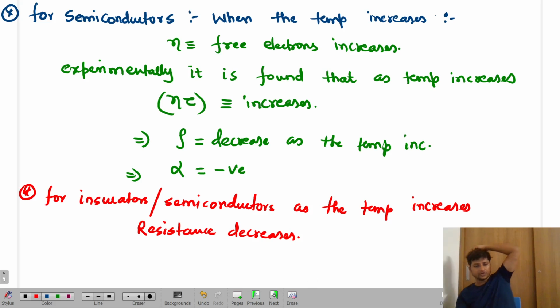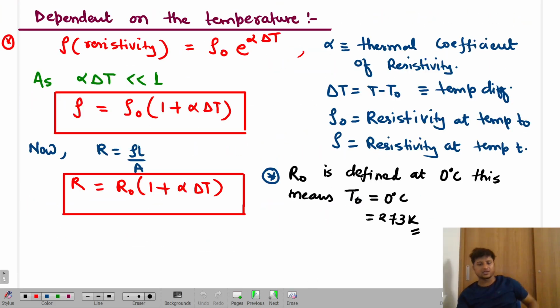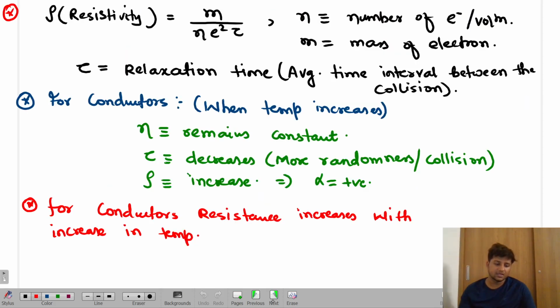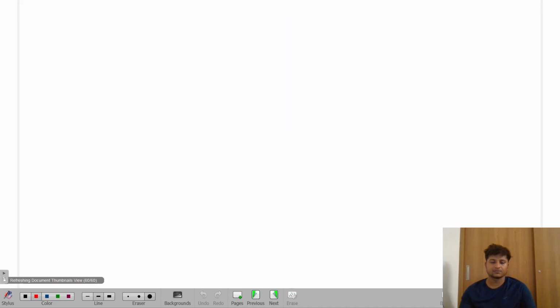So this was all about the temperature dependency of the resistivity and resistance of the material. Is that clear or not?